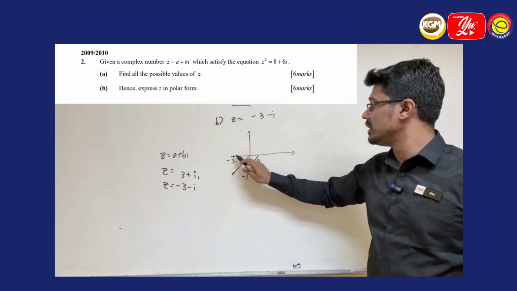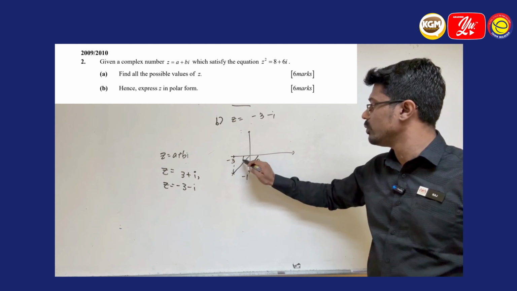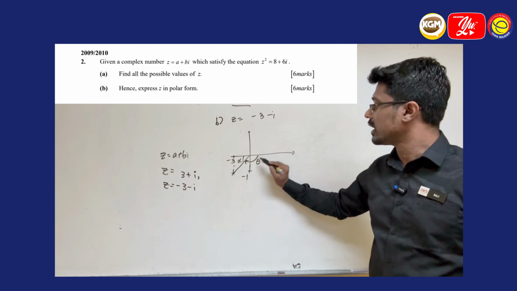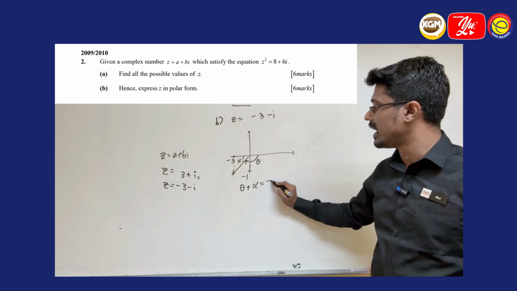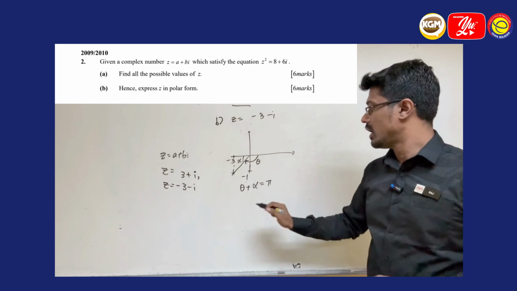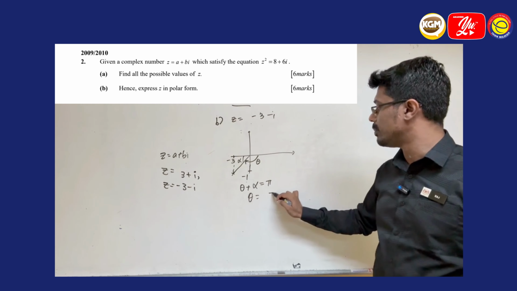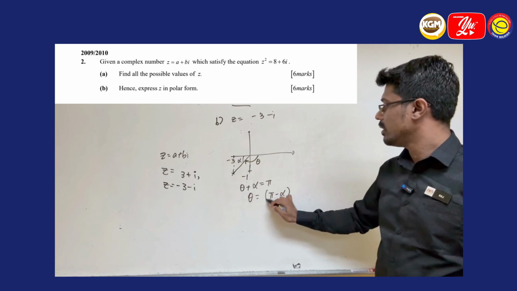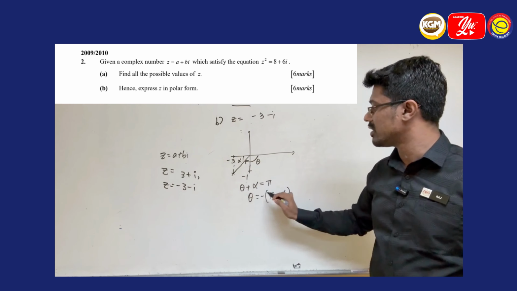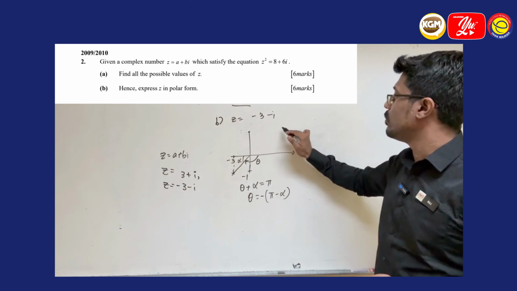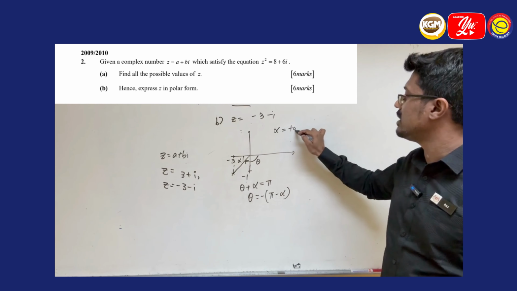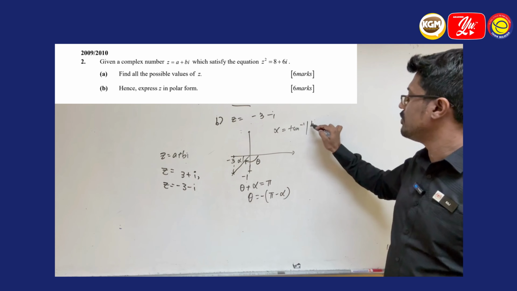My alpha is going to be the angle inside the triangle with the x-axis. So I can come up with the relationship theta plus alpha is going to equal pi. I want theta only, so it is going to be pi minus alpha. But I know I'm going in a clockwise direction, so I put a negative. Next I need to work out my alpha. My alpha is going to be tan inverse of b over a.